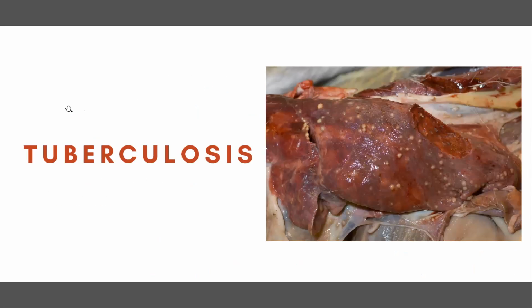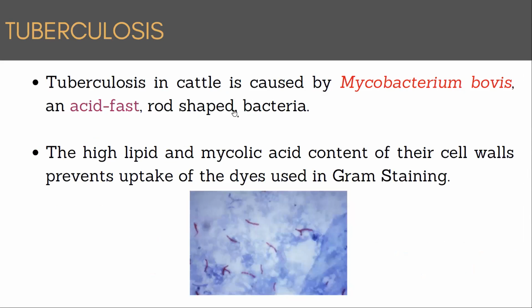So next is tuberculosis. So this is also the lungs. You can see the nodules forming in the lungs. So tuberculosis in cattle is caused by Mycobacterium bovis, an acid-fast bacteria. So hindi sila nag-i-stain sa gram staining.